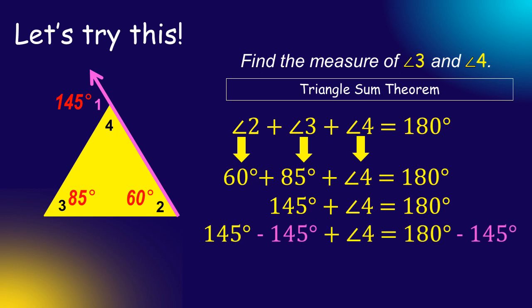Ang gagawin natin, magsasubtract tayo ng 145 to both sides. Or magdadagdag tayo ng negative 145 degrees sa both sides of the equation. 145 degrees minus 145 degrees plus angle 4 equals 180 degrees minus 145 degrees. Matitira na lang ay angle 4 is equal to 35 degrees. So that's it. The measure of angle 4 is 35 degrees.